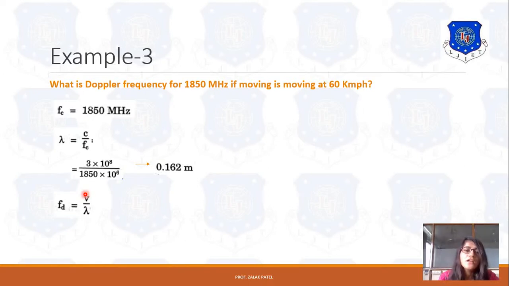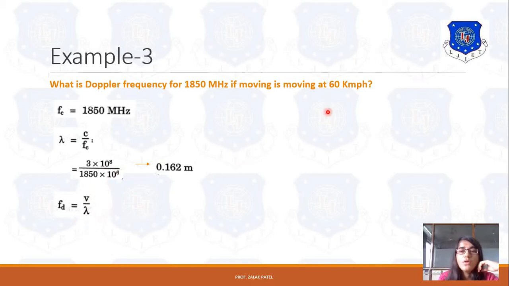Because of that, the Doppler shift is always in the maximum direction. So instead of theta we put 0. Cos 0 is 1 and the remaining term is v upon lambda.